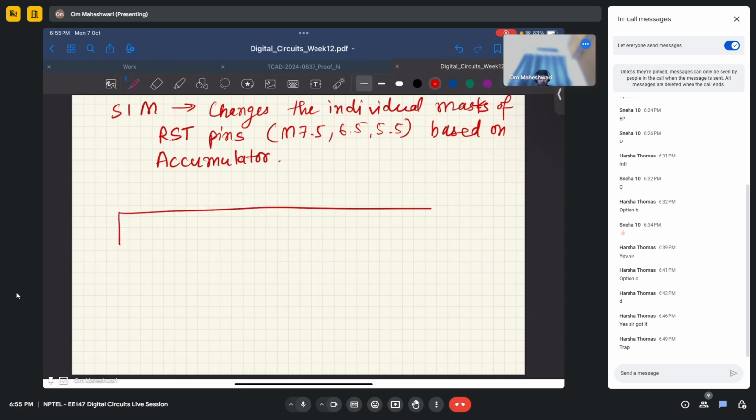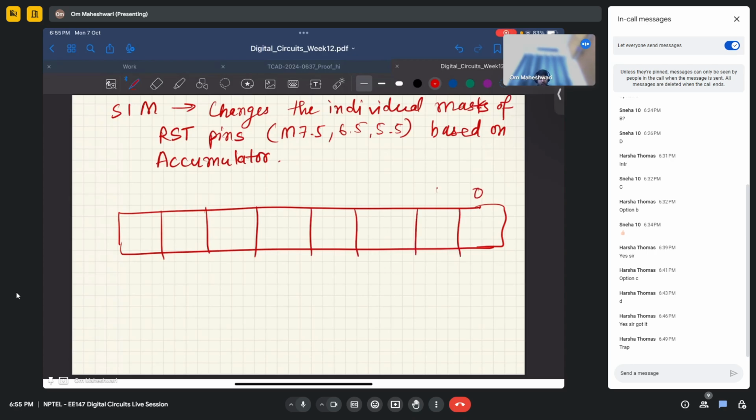So what does this mean? Let's say in your accumulator, we have 8 bits. This first bit corresponds to the mask of 5.5, mask of 6.5, mask of 7.5. This is mask enable. This is for the flip-flop of 7.5, resetting that.